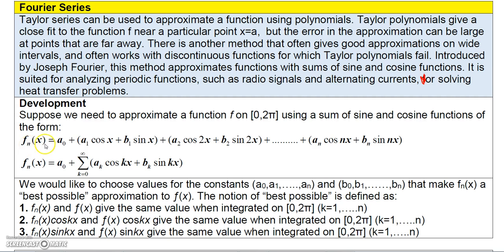So fₙ(x) is a₀ plus a₁ cos x plus b₁ sin x, and then plus a₂ cos 2x plus b₂ sin 2x, and so forth, where the nth term is aₙ cos nx plus bₙ sin nx. And so this is the notation that you could use to define that particular series.